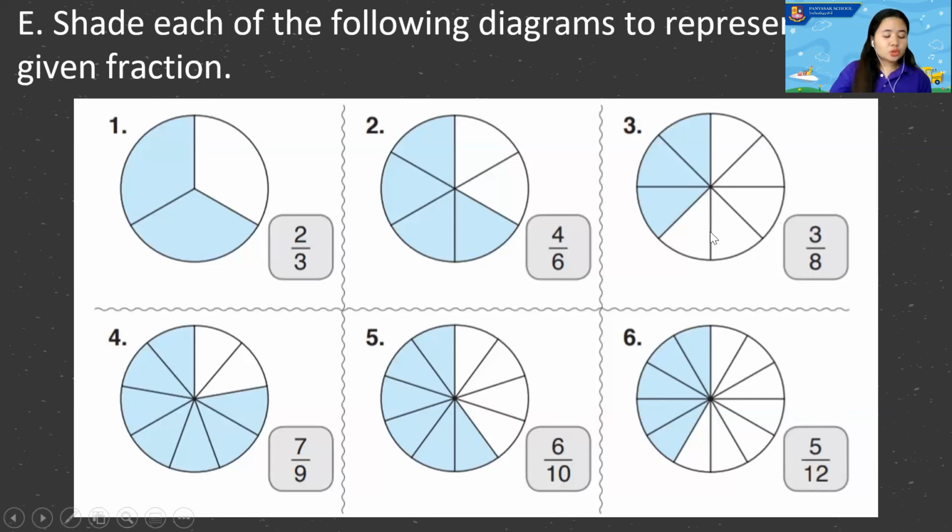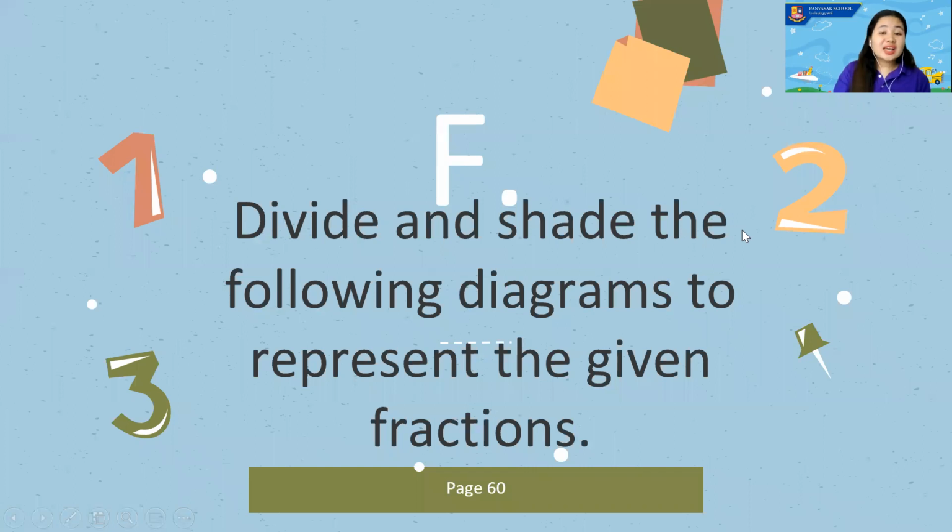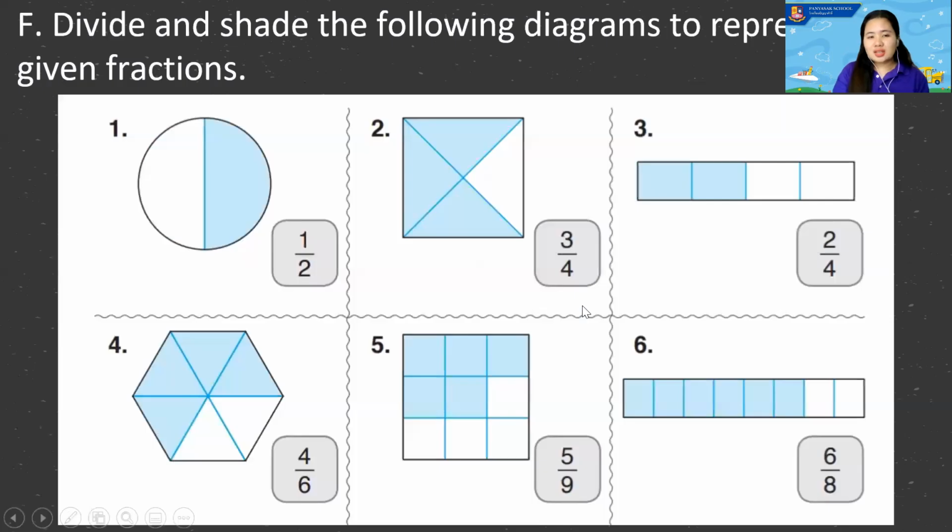Let's go now to letter F. In letter F, again, we have to color, but we have to draw. So we have to draw already the shapes. We are the one to divide and we are the one to shade. Okay, so let's start.